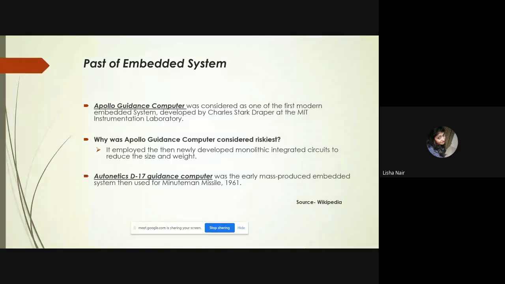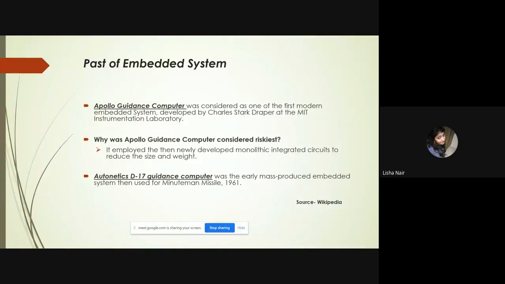Because it's an integrated circuit, any short on any of the circuits, if any failure happens, it's very critical that the entire system crashes. So when he brought up the system itself, he said that he considered this the riskiest.